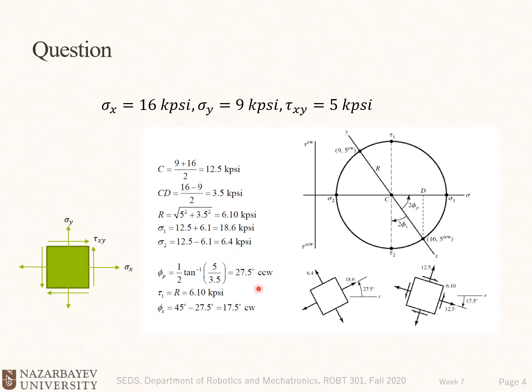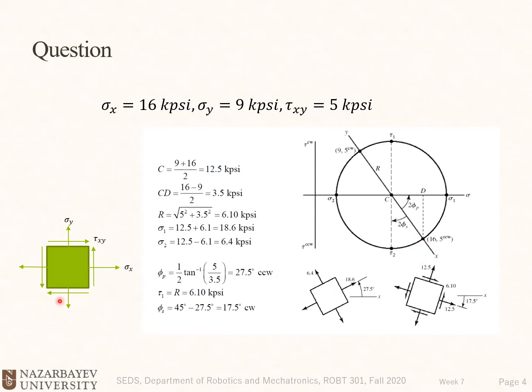Okay, so see what is the direction of rotation. Is it clockwise or counterclockwise? It could be both. It depends on which side of the cube wants to be rotated.